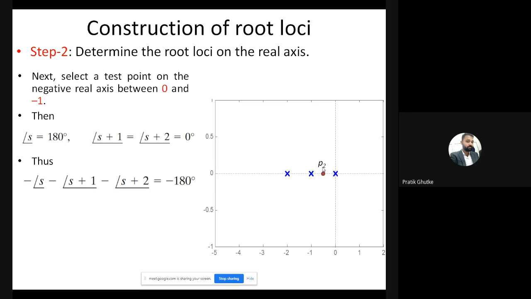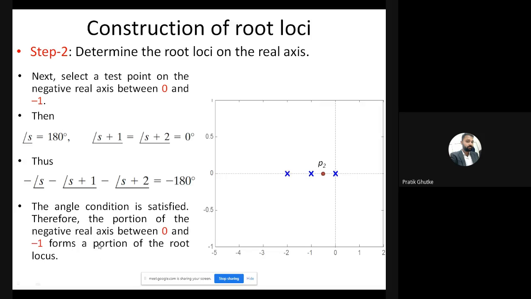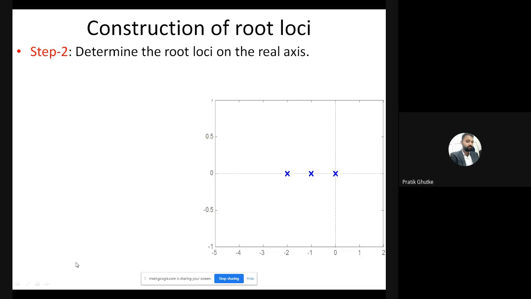That is, angle of minus s minus angle of s plus 1 minus angle of s plus 2 equals -180 degree. Hence, the angle condition is satisfied. Why? Because it is equal to -180. The angle condition is satisfied. Therefore, the portion of the negative real axis between 0 and -1 forms a portion of the root locus.